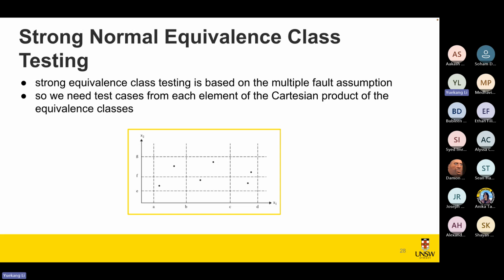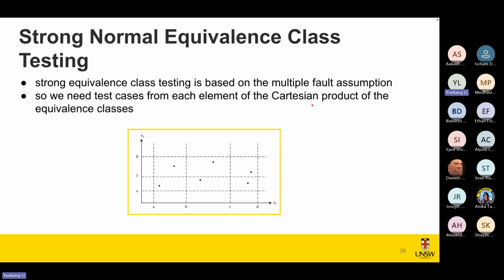So instead of covering each equivalence class once, we need to cover each combination, or each permutation, of the equivalence classes once. Instead of covering the classes themselves, we are trying to cover all the combinations of different valid equivalence classes. And again, this will lead to the Cartesian product.